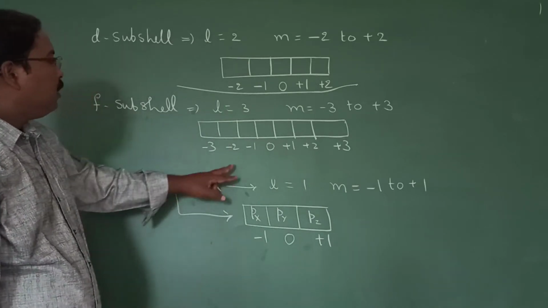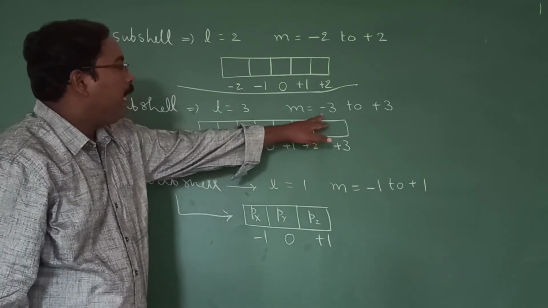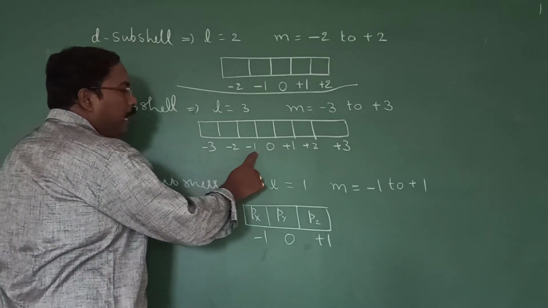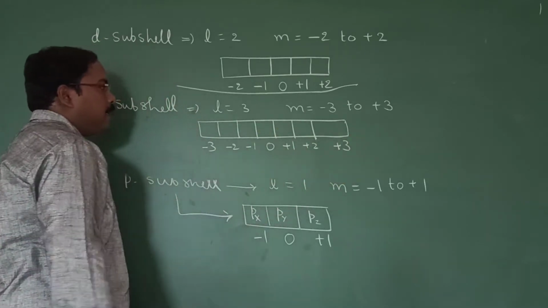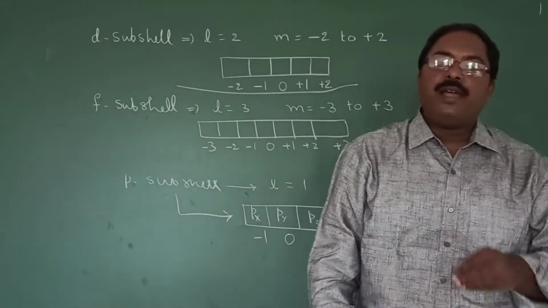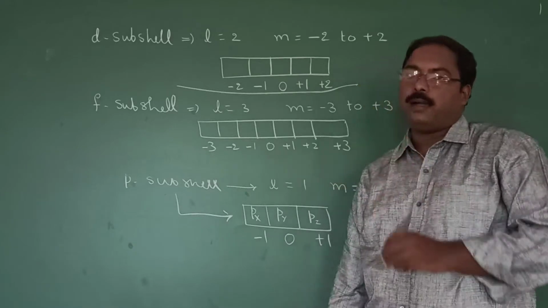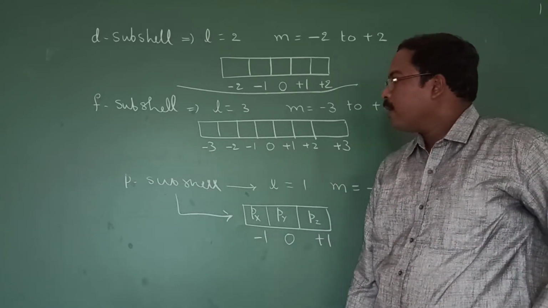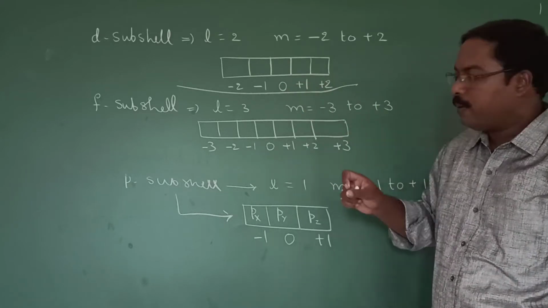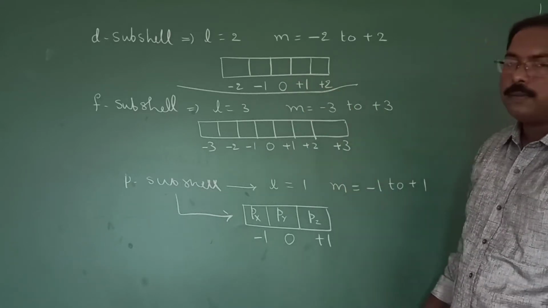How many numbers came? We got 7 numbers. It means the F subshell will have 7 F orbitals. I will give you a simple way to remember these values. First note this down.